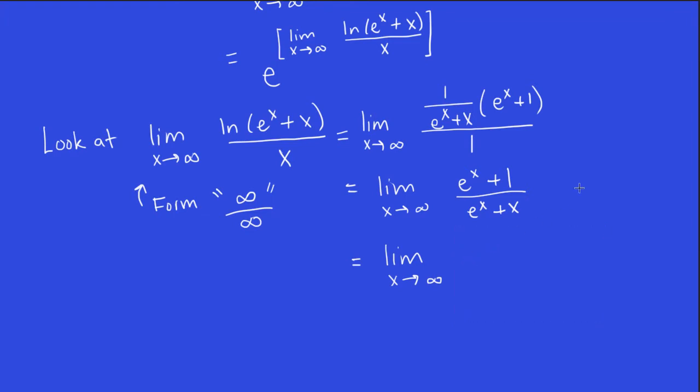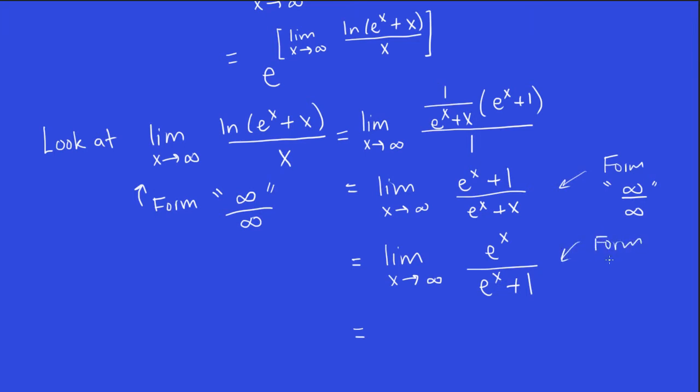So let's use L'Hopital's rule again. We're allowed to because the form of this one is infinity over infinity as well, right? The derivative of the top is e to the x plus 0, or just e to the x. The derivative of the bottom is e to the x plus 1, right? I could factor out e to the x now and it would work out just fine, but why don't I do it again?